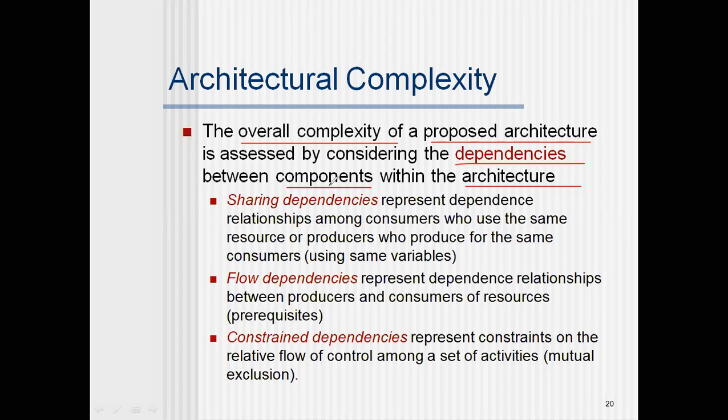By assessing this, we are going to analyze the complexity of that particular design. Here we have 3 types of dependencies. First one is the sharing dependency, then flow dependency, and constraint dependency.